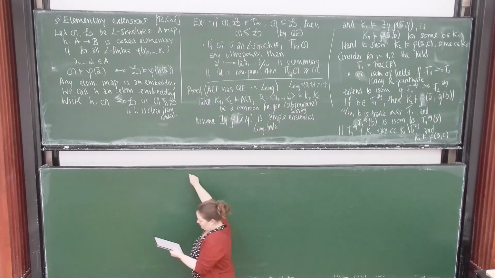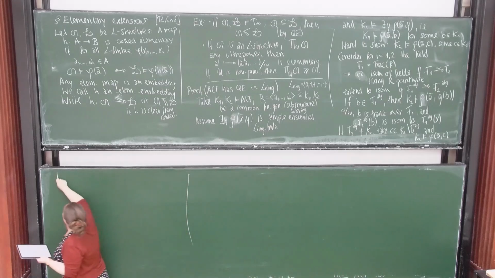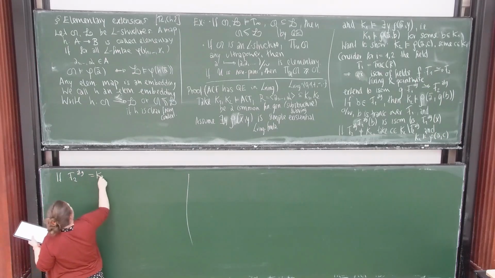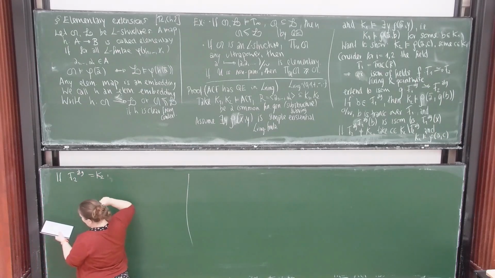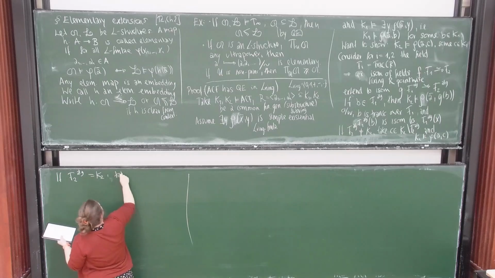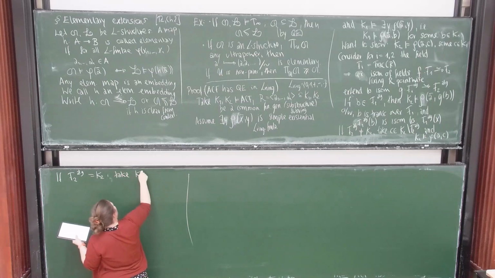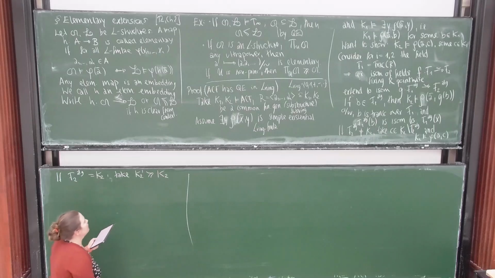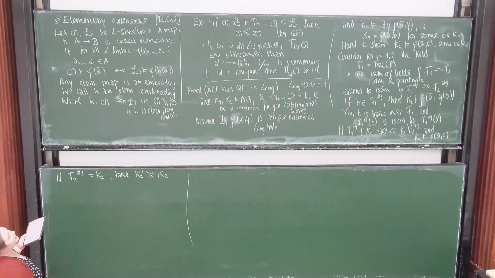So if F2 alg is equal to K2, take a proper elementary extension K2 prime of K2, e.g. by taking a non-principal ultrapower.